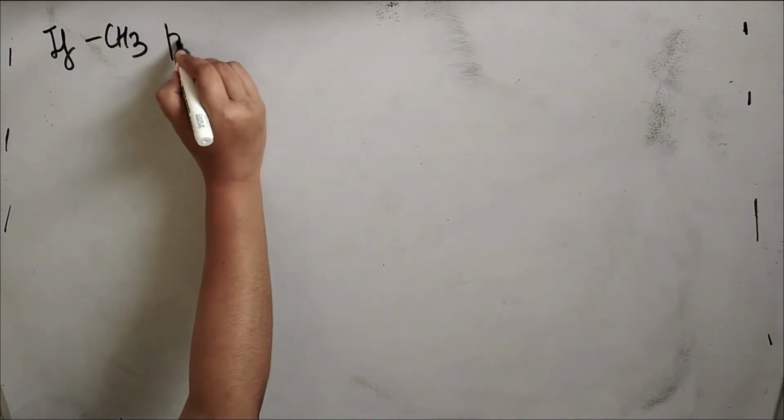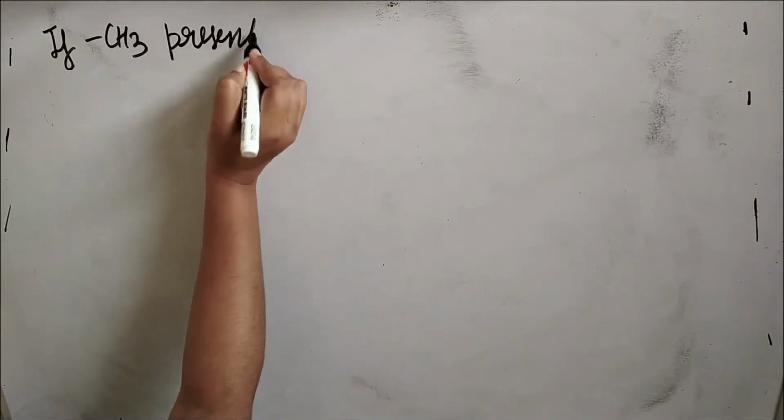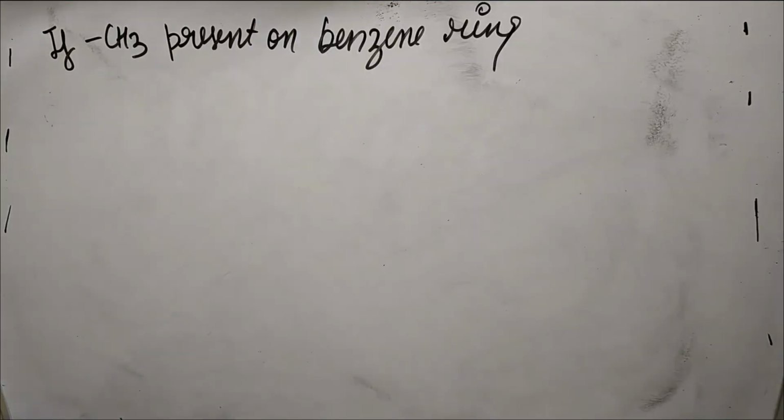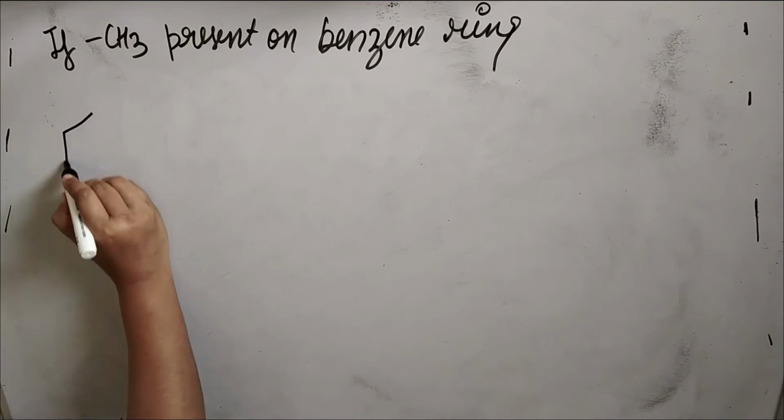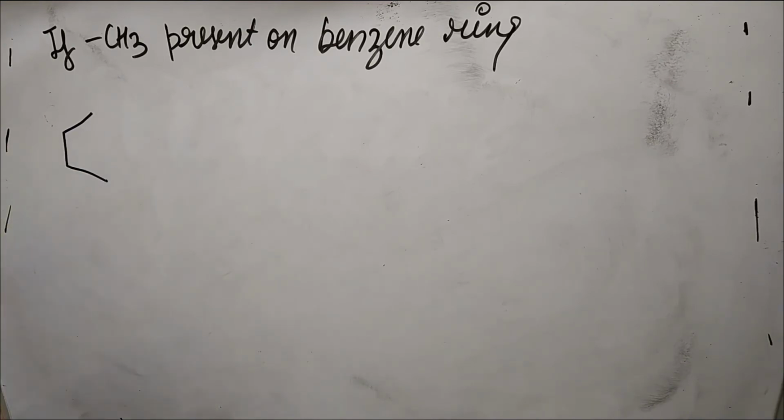Here I am taking the example of the methyl group, or we can simply write R. R can be any alkyl group. So let's discuss the case where the CH3 group is present on the benzene ring.